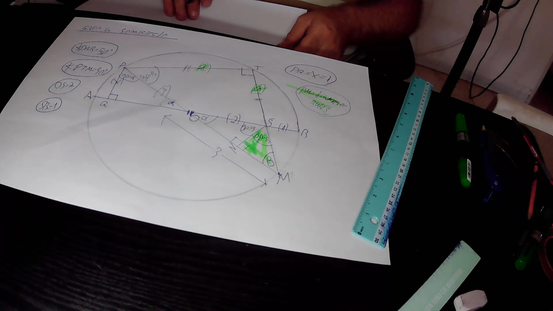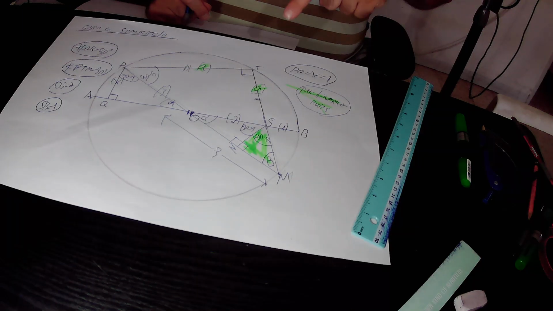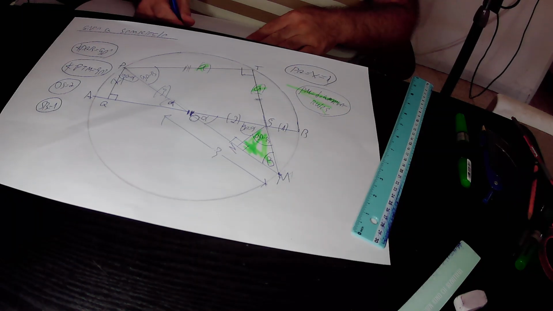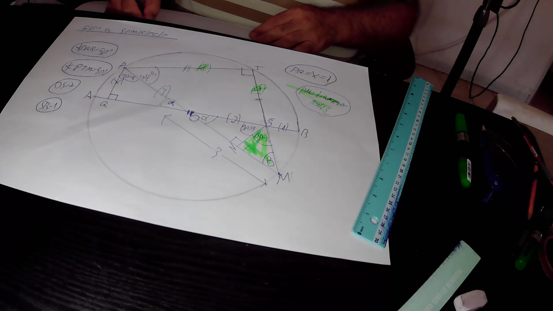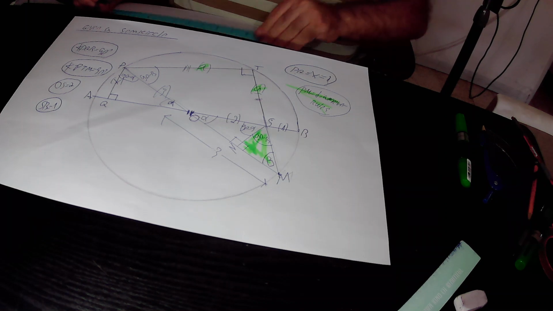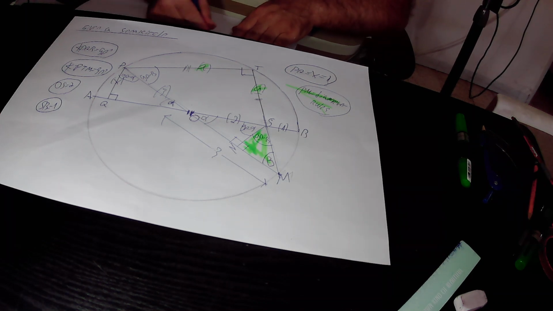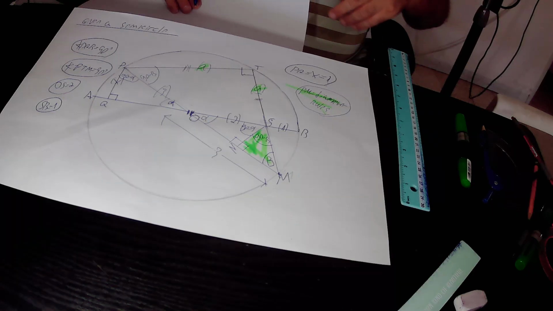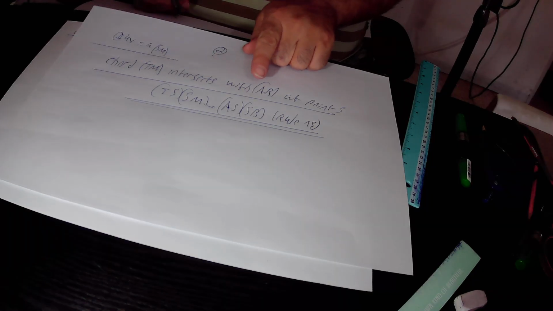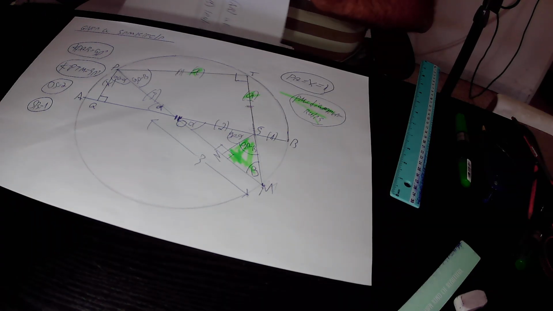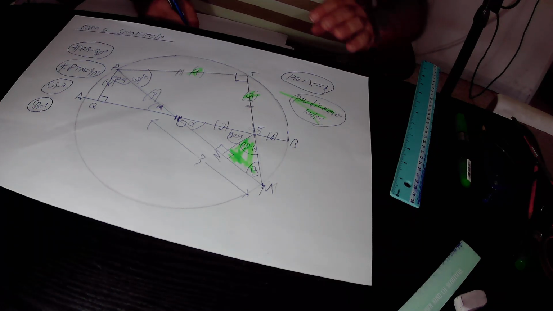So according to rule 15, the following equation will be true, that TS times SM equals AS times SB. This will be equation 2.